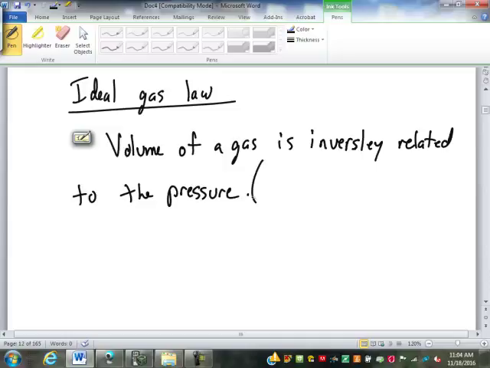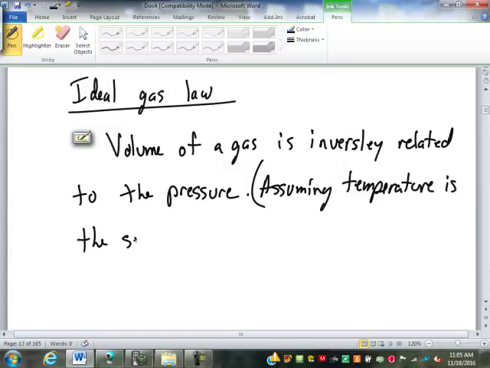Now there's a big condition here. It's assuming the temperature is the same. Because we all know as things heat up or cool down, they expand and contract. So as long as the temperature stays the same, the volume of a gas is inversely related to the pressure. In other words, if you increase the pressure on it, it squeezes it down into a smaller volume, which kind of makes sense.